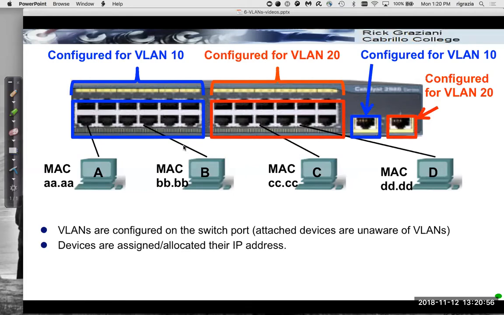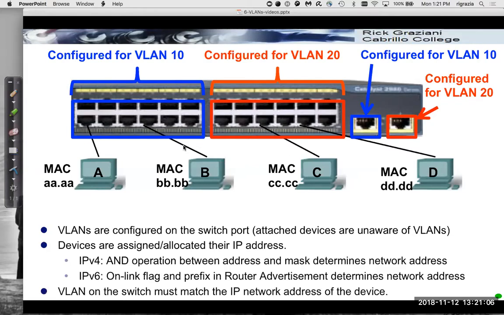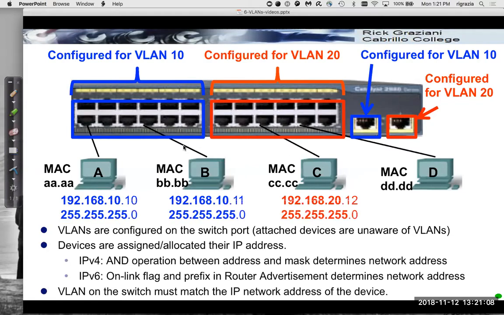And then we make sure that any of the devices that we connect to those VLANs belong to the same subnet. So as we can see here, A and B are devices on the same subnet connected to the same VLAN ports. C and D are on the same subnet connected to the same group of ports on the same VLAN, VLAN 20.